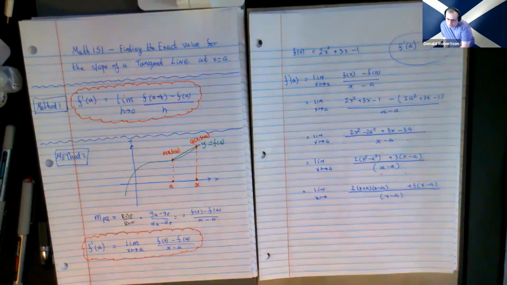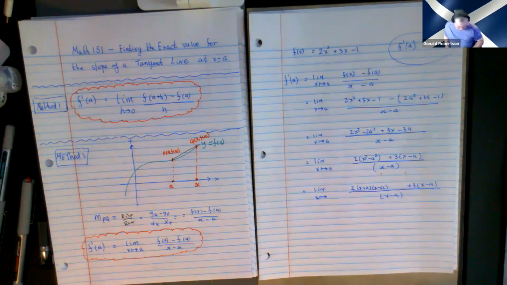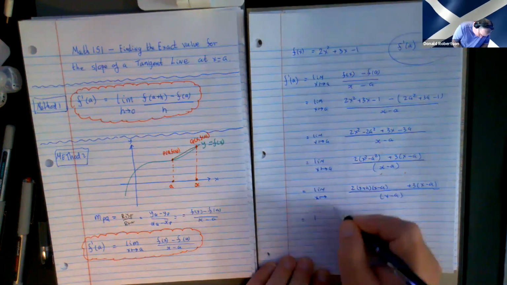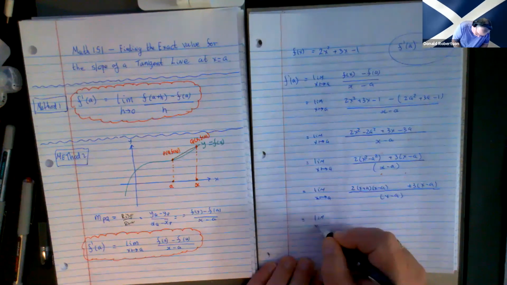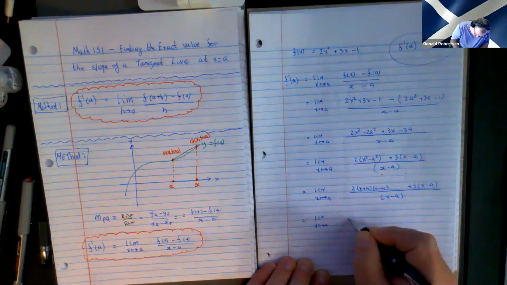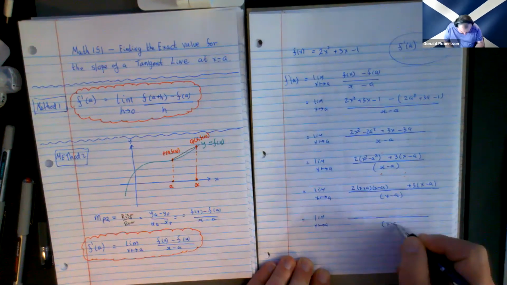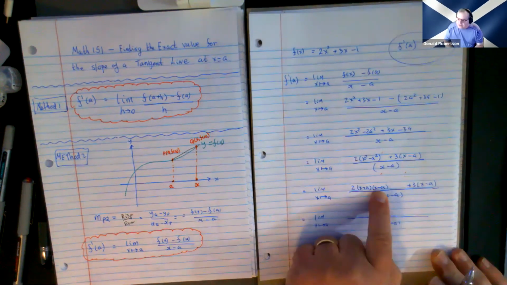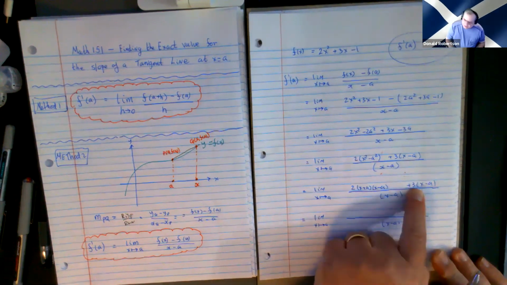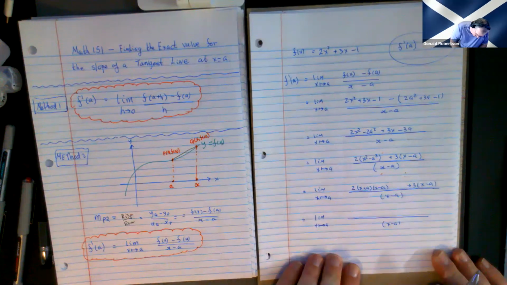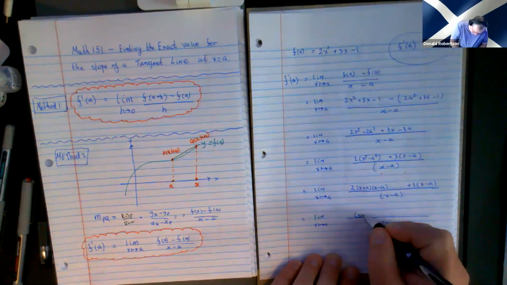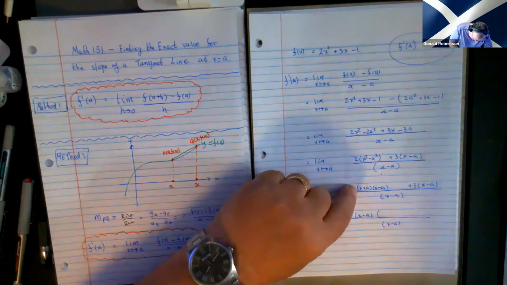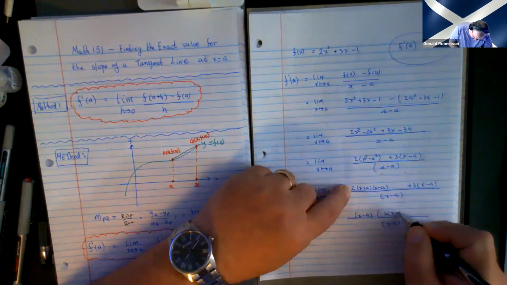Now you might say, well, where's all this leading? It's leading to this. Doesn't this first term have an x minus a in it? And doesn't this second term have an x minus a in it? So couldn't I pull out x minus a as a common factor? What will that leave? It'll leave 2 lots of x plus a, add 3.